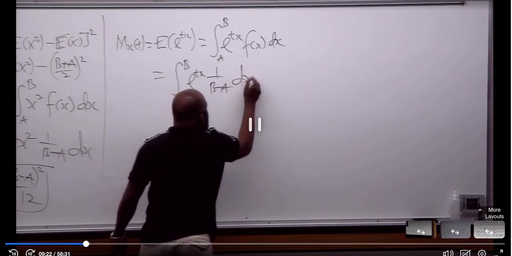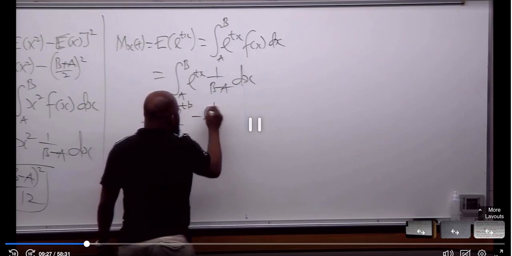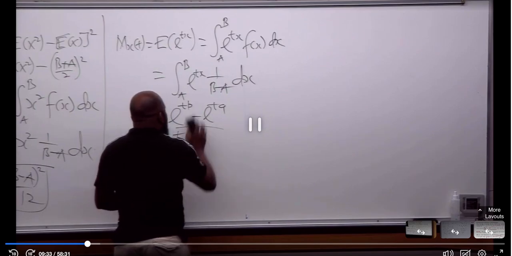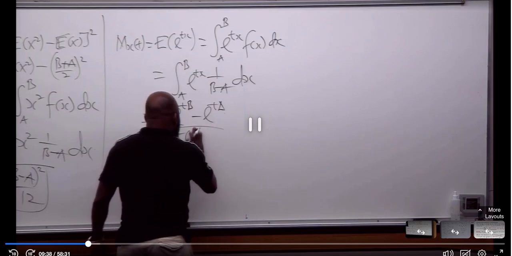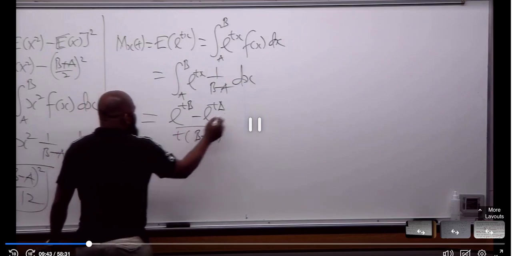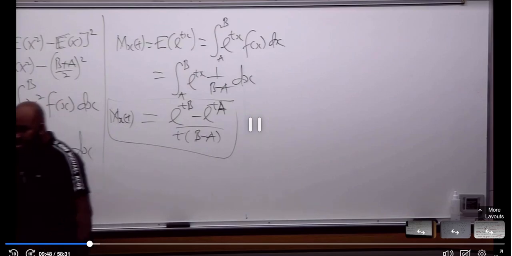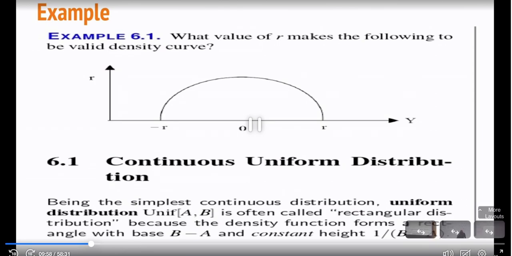In the end, you're going to have e to the tB minus e to the tA, over t times B minus A. You can also use the moment generating function to derive the mean and the variance. So a lot of questions can be asked.